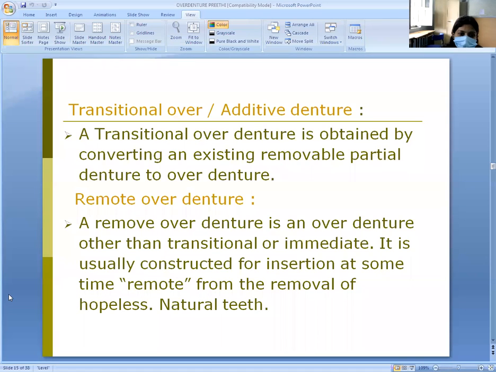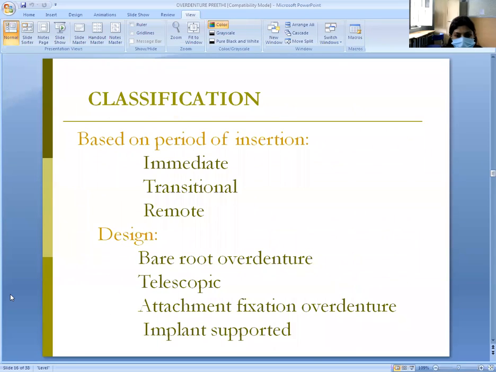A remote overdenture is an overdenture other than the transitional or immediate. It is usually constructed for insertion at some time remote from the removal of the hopeless natural teeth.